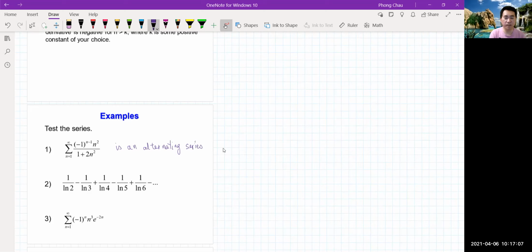Now, when it's an alternating series, we need to identify a sub n. What is a sub n in this case? Take away the (-1)^n part, you get n squared over 1 plus 2n squared.